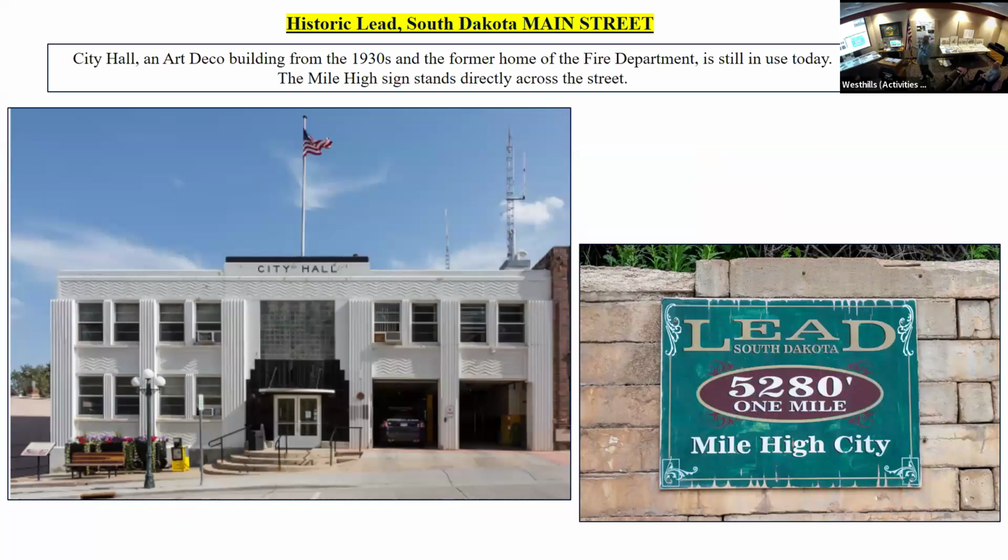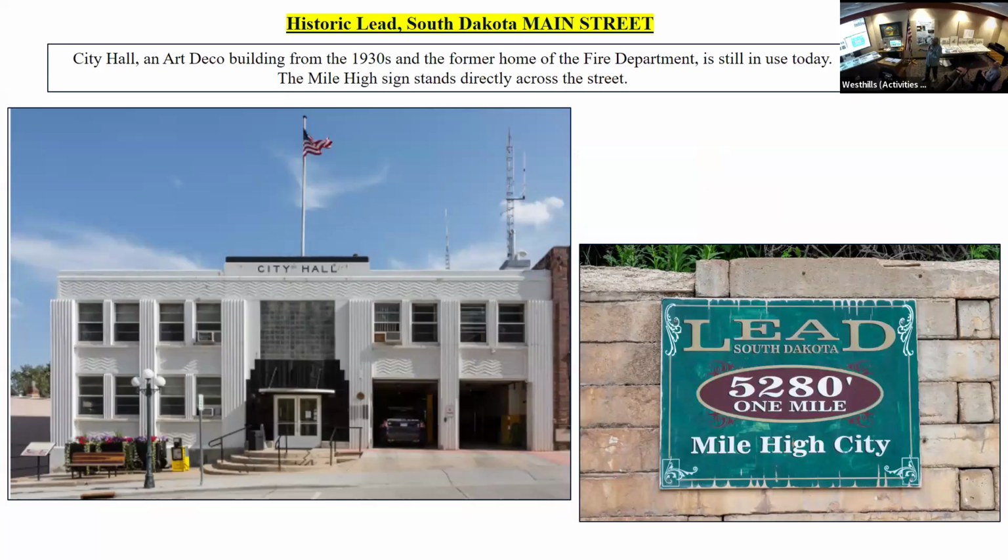This 1930s building is, to this day, the home of the city offices, the mayor's office and the police department and all of that. The fire department was there, but just 15 years ago or so, they built a new fire station, and now it's a place for the city employees to park their vehicles.